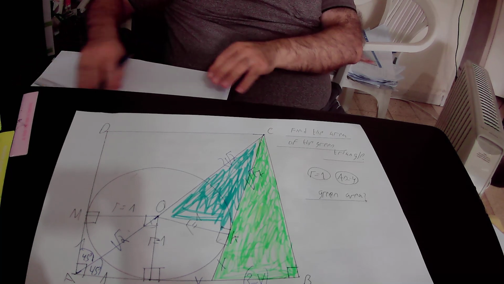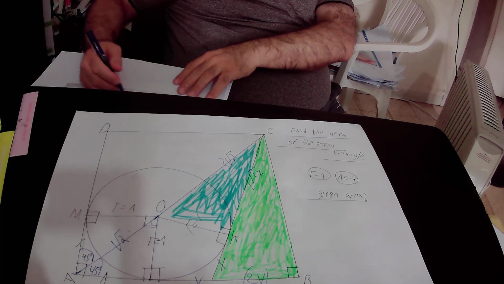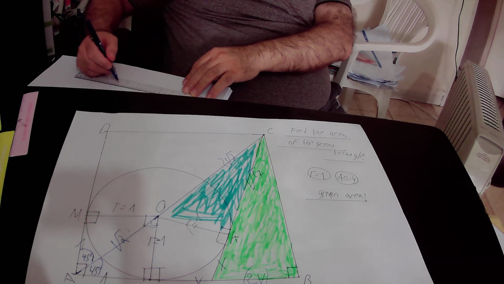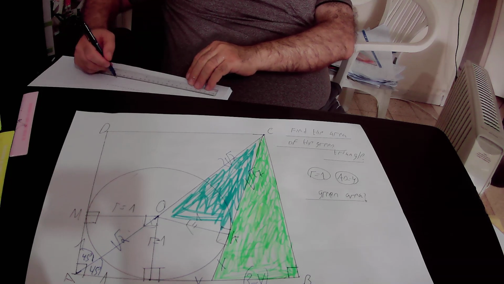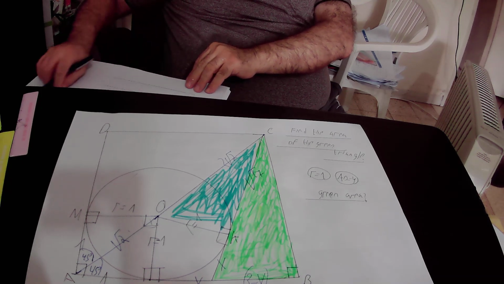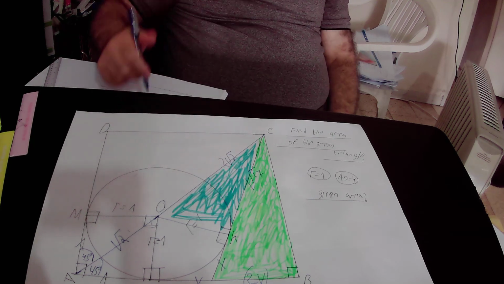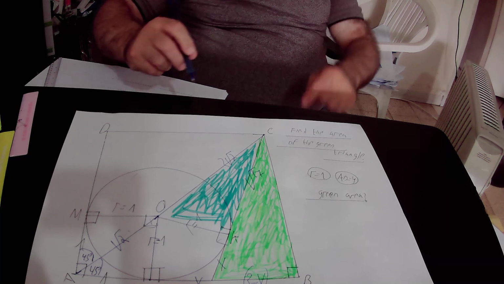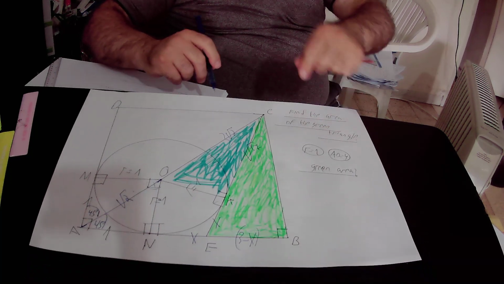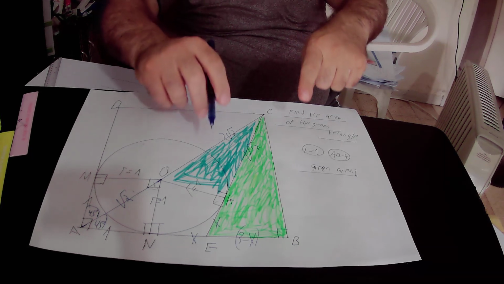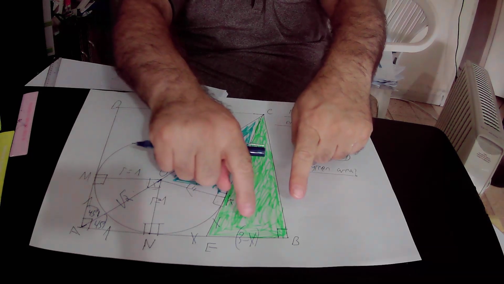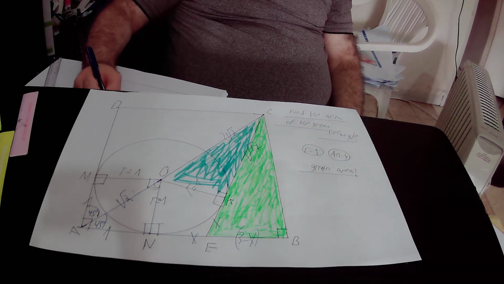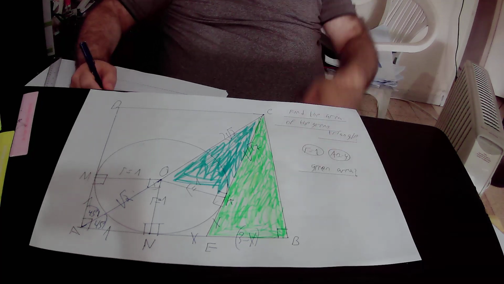So the hypotenuse in the right green triangle, triangle CBE, is actually CE. Therefore the square of the hypotenuse is CE square, and CE square equals the sum of the squares of the perpendiculars, that is to say it equals EB square plus BC square.